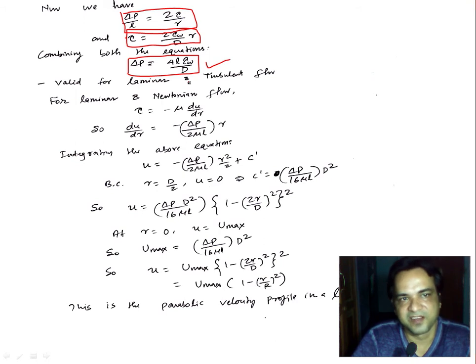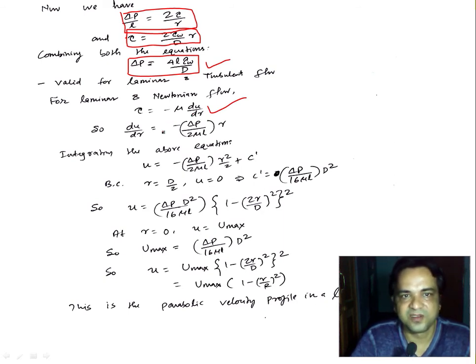But for laminar flow we already know. For laminar and Newtonian flow we have the expression for shear stress from Newton's law of viscosity. Why is this negative? Because we have taken the axis as the reference and we are moving in the r direction toward the wall, so du by dr will be negative. So we have used a negative sign here.